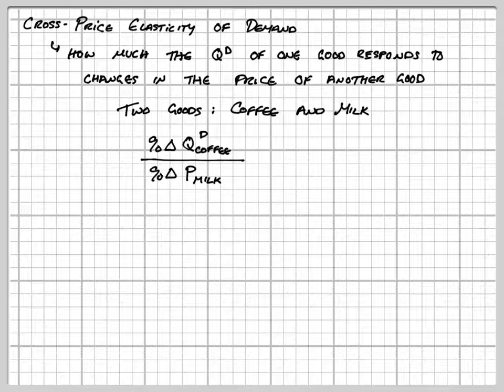So, a 1% increase in the price of milk will lead to a change in quantity demanded of coffee by what percentage? And again, these percentages are computed with the midpoint method. The formula is the same.